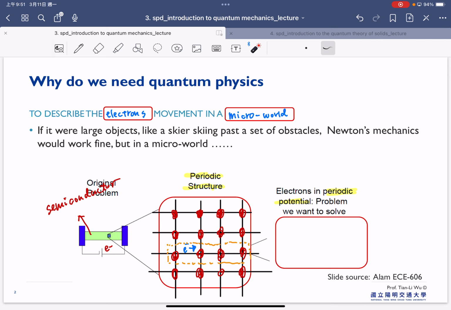Whatever you learned from high school or undergraduate, you will know that when two objects are close to each other, they must have a certain potential. If you try to separate them, there's another potential. So once it comes here, the potential is in one case, and once it moves here, the potential changes, then goes back to the certain case. Therefore, we can simplify: the question becomes, there is a periodic potential.